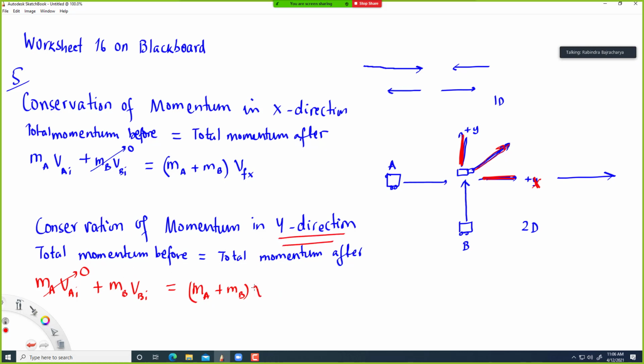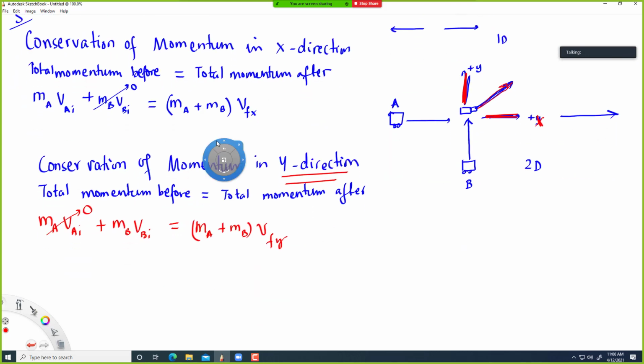So along that part it is v final y, the y component of the final velocity. So does that make sense? Here it is all along x direction, here along y direction. Now, we need to solve these two equations to find v final and also the angle.